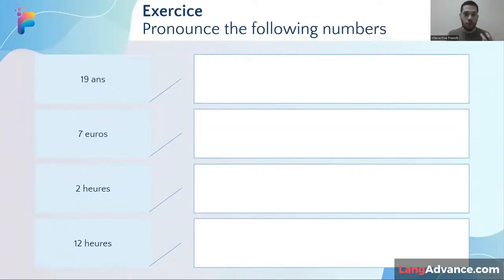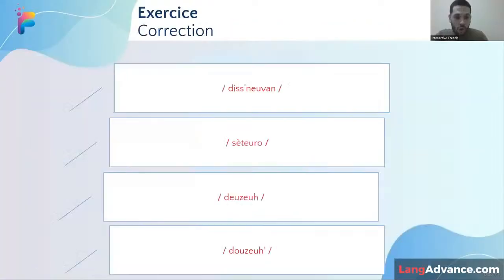Okay, let's try to correct that. So now we've got 19 ans. Yes, 19 ans. The next one is 7 euros.